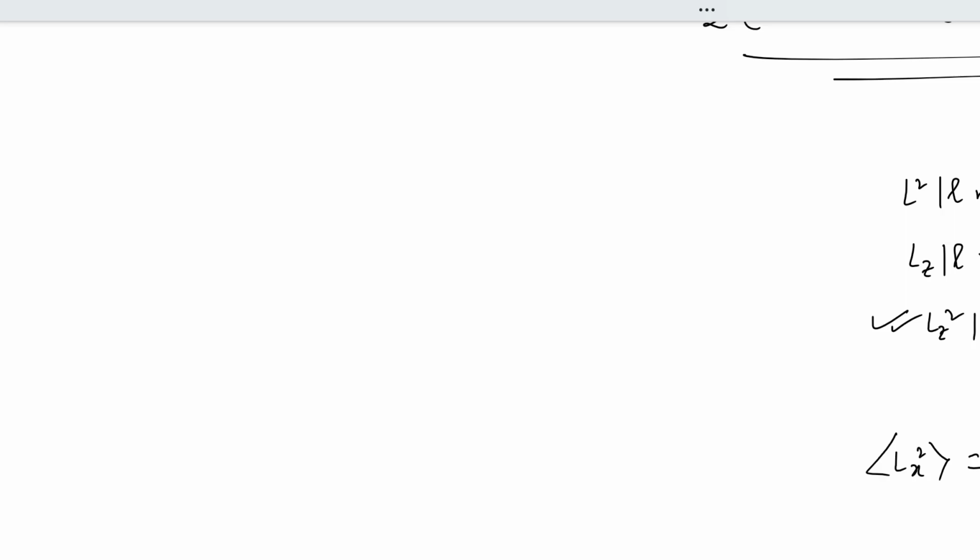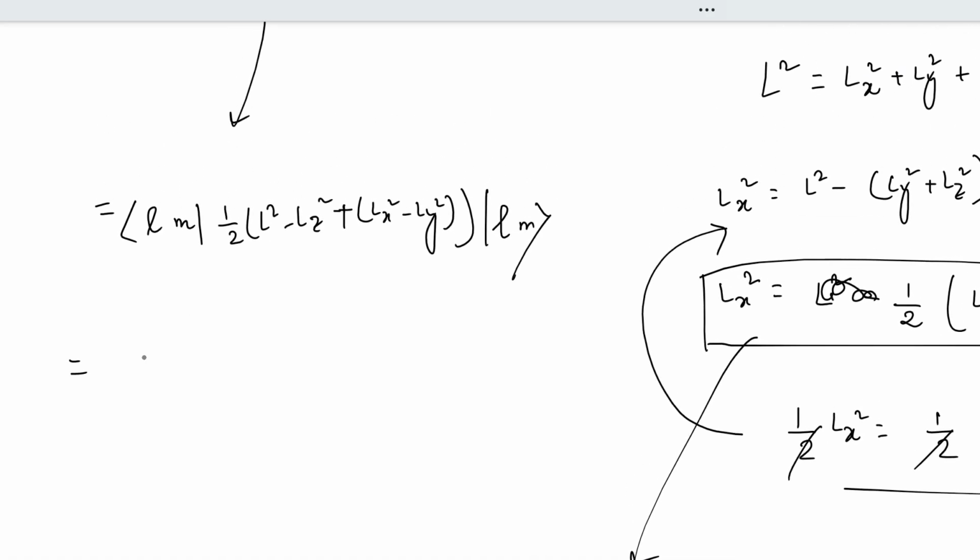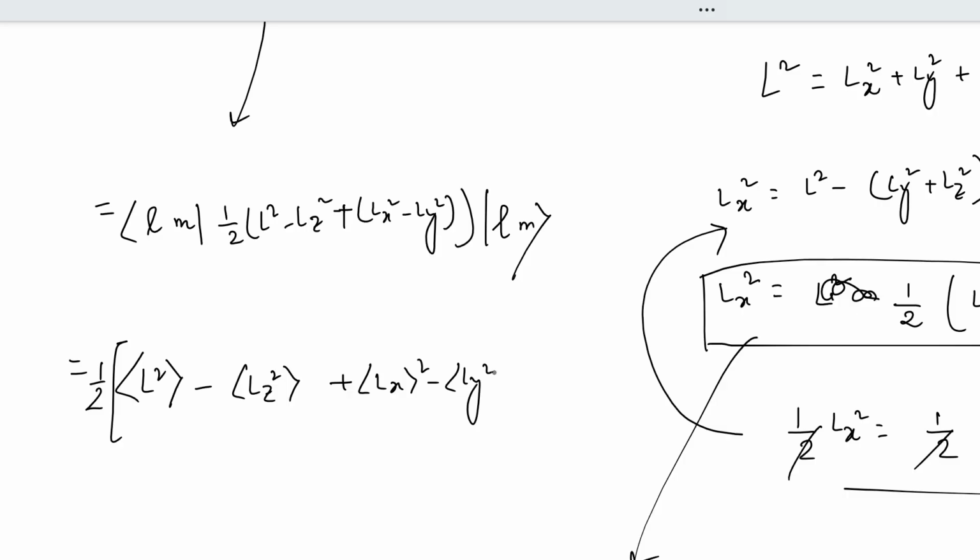So when you take the Lx squared expectation, it will be the same as the Ly squared expectation. That is why you can have this half outside, and you are taking the expectation value: L squared expectation minus Lz squared expectation plus Lx squared expectation minus Ly squared expectation. So this and this will give you 0 because these two are equal. What you are left with is just this and this.